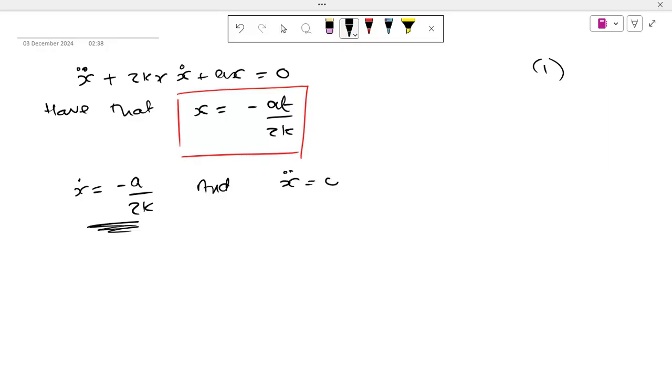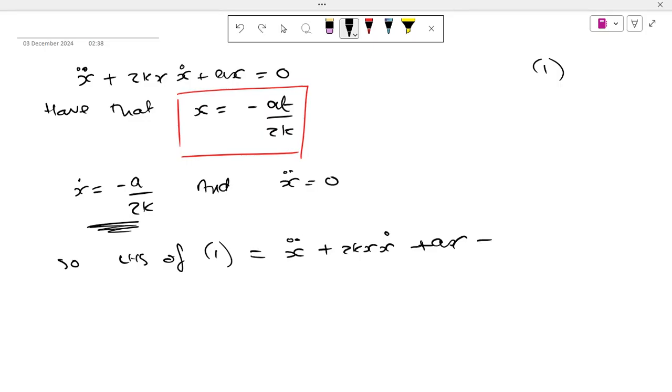So the left hand side of 1, which is x double dot plus 2kx x dot plus ax, is equal to, and I'll write it under here because there's more space. So we know that x double dot here is, why has that disappeared?